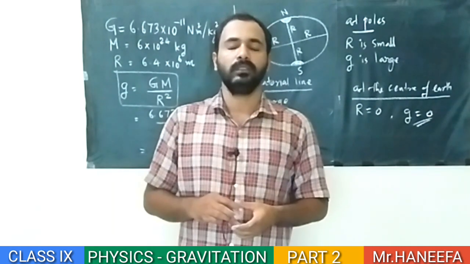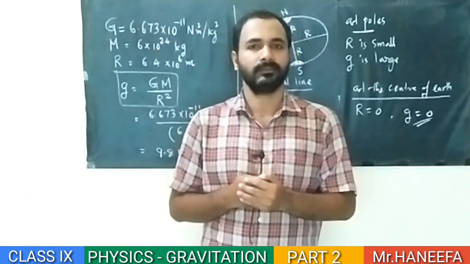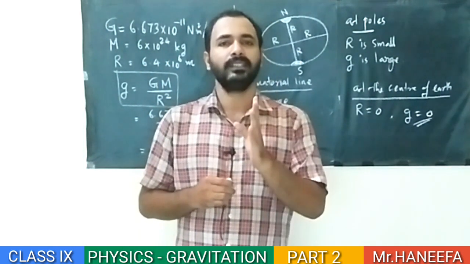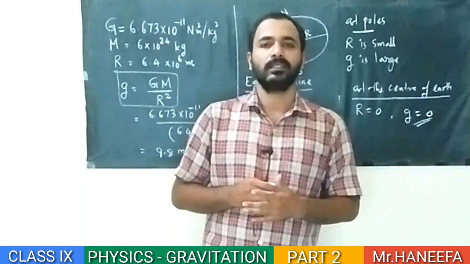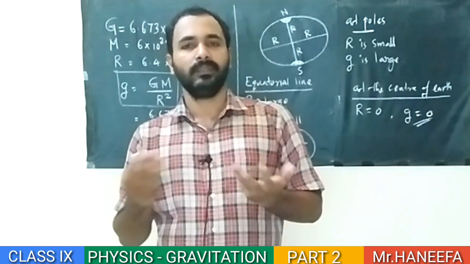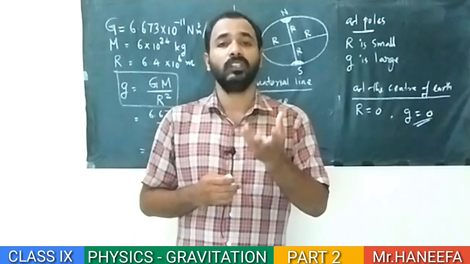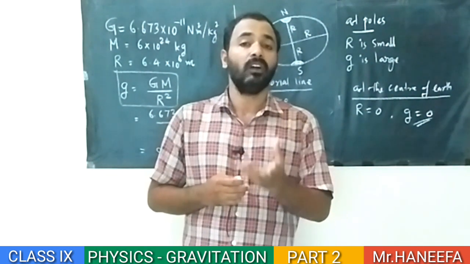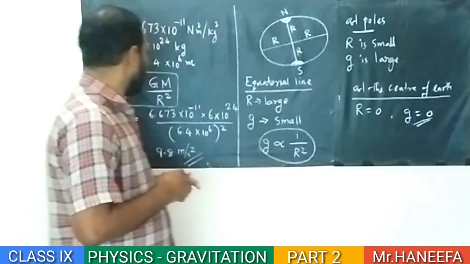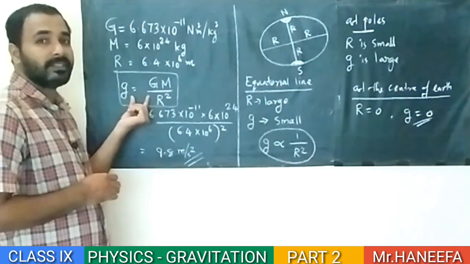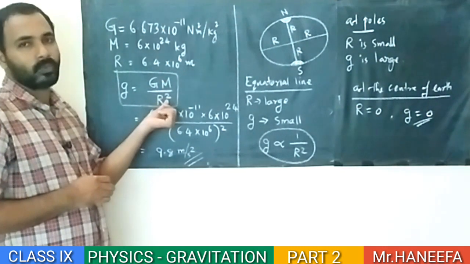So, this is about acceleration due to gravity. What is acceleration due to gravity? Yes, acceleration due to gravity is the acceleration in the case of free fall. What is the meaning of free fall? Free fall means falling under the influence of gravity alone. In the case of free fall, what is the value of g? g equal to GM by r square.